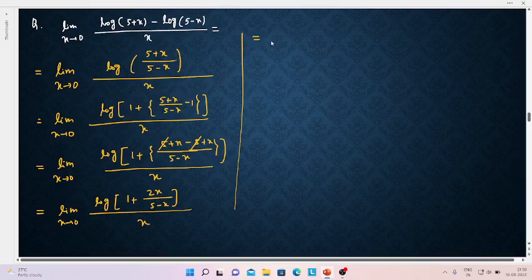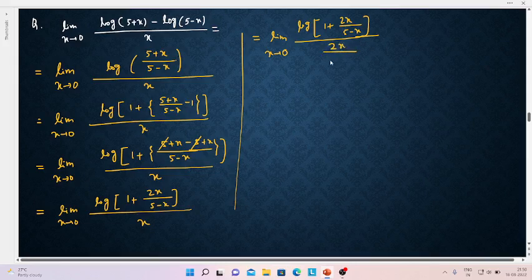So here we can write the limit x tending to 0 of log(1 + 2x upon 5 - x). Let me write 2x upon 5 - x and multiply it by what, can you tell me?